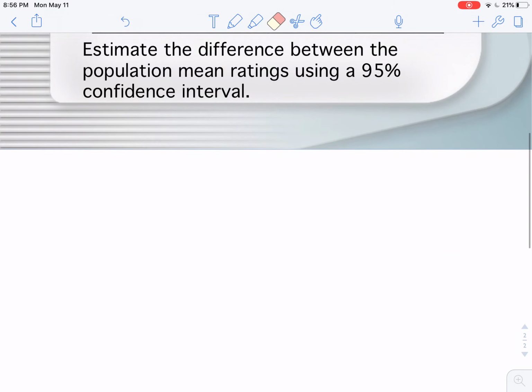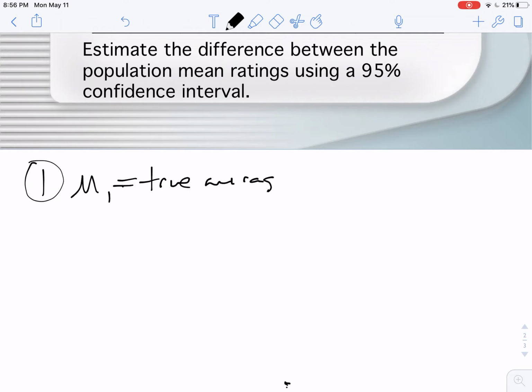So I'm going to start with step 1, where I am going to define my two parameters, so mu1 and mu2. All right, so mu1 is going to be the true average animal research rating for females.